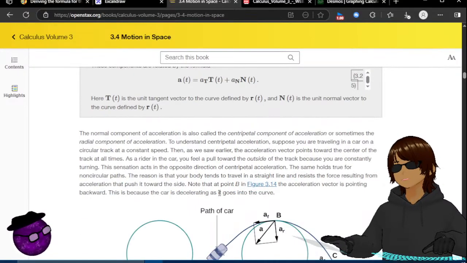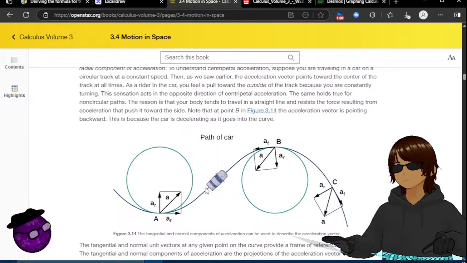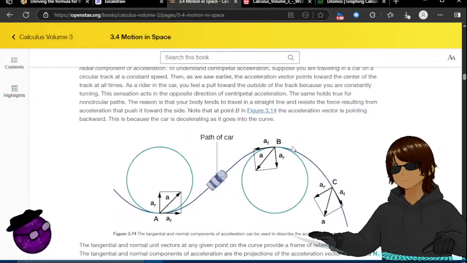The normal component of acceleration is called the centripetal component of the acceleration. So centripetal would be the one going outside, and T would be the one going along the path.